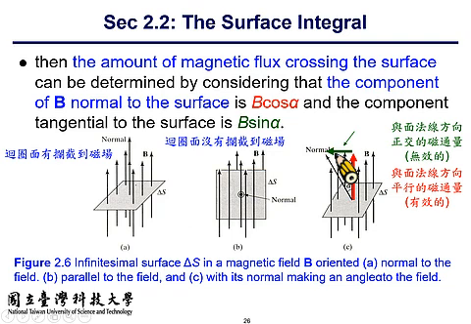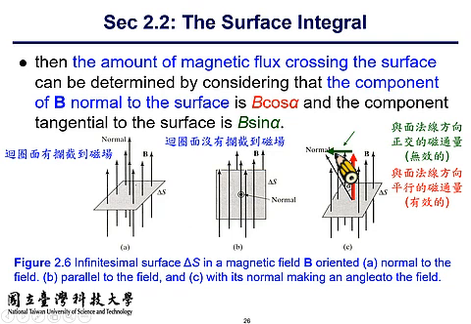So the green arrow, B sine alpha, is ineffective when it comes to the calculation of the surface integral. On the other hand, the red arrow counts.